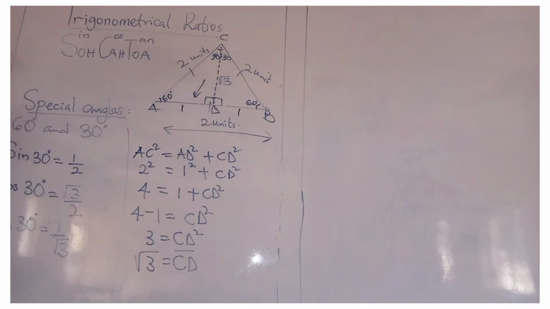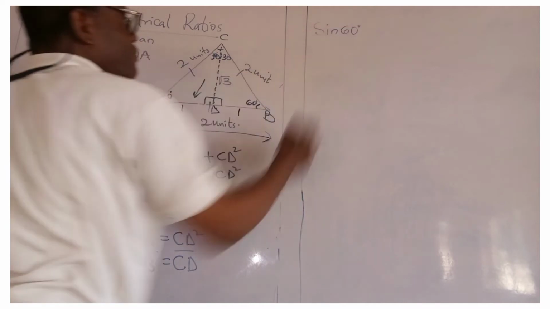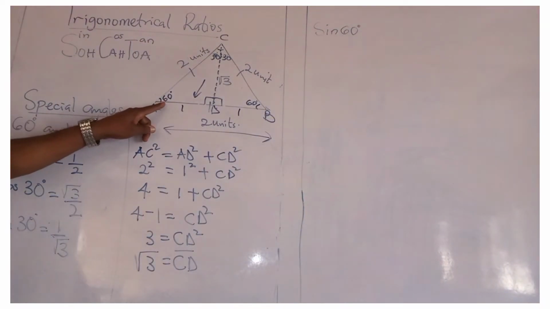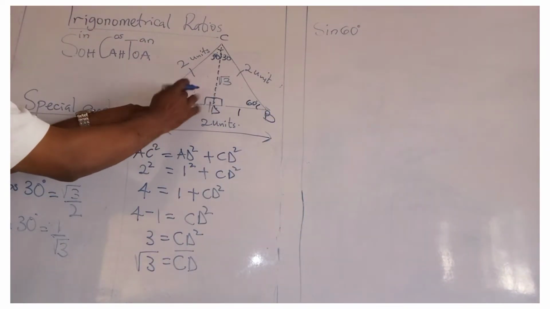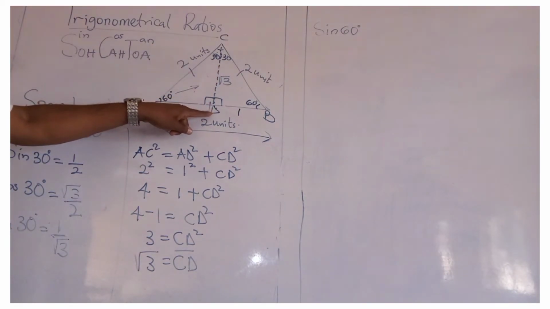Now, let's move on to finding the special angle 60. So let's talk about sine 60 now. Here is going to be the opposite. So CD is now the opposite of this angle.